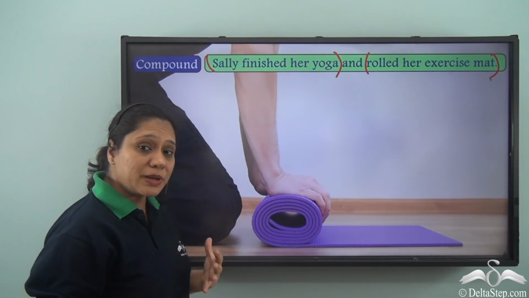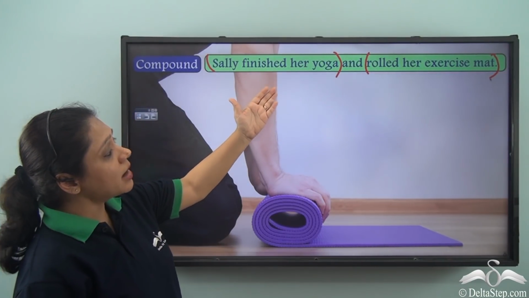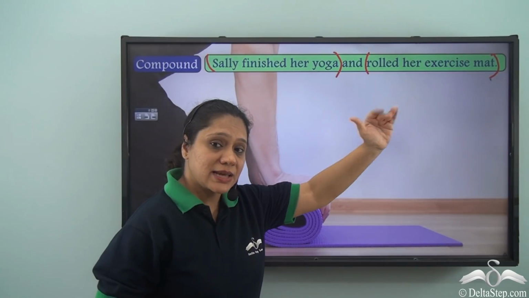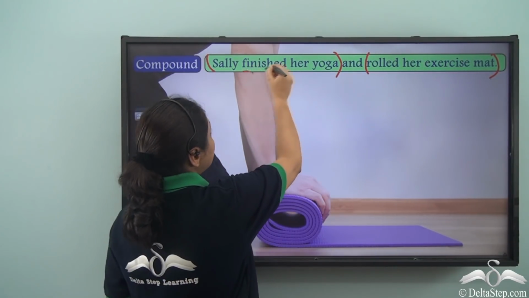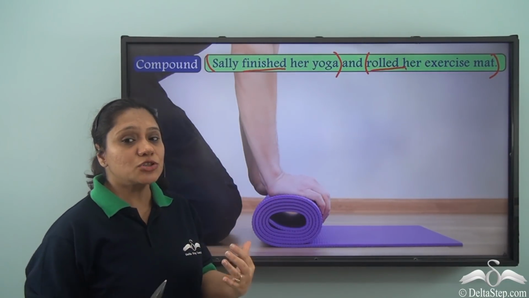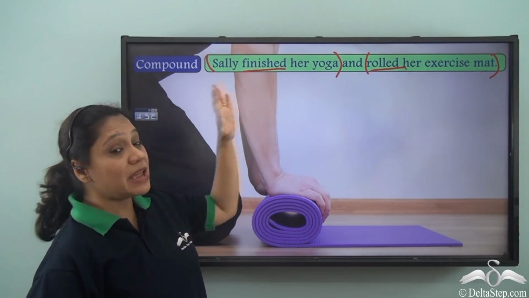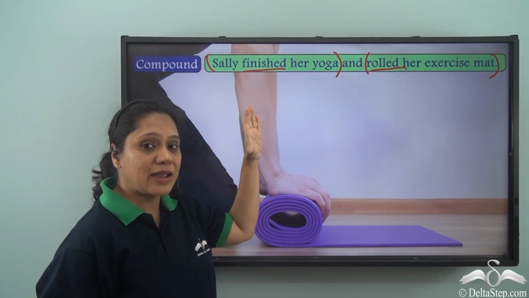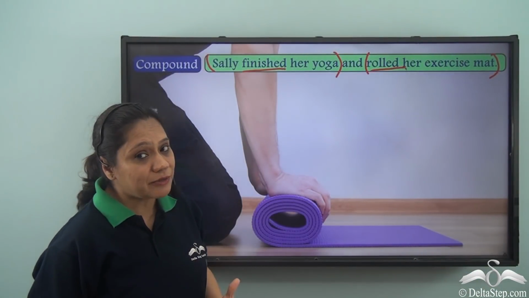We have not repeated the subject. So we have written Sally finished her yoga and rolled her exercise mat. Now we have two verbs here, finished and rolled. So to change it to a simple sentence, we have to change any one of these finite verbs to its non-finite form. And how will we do that?